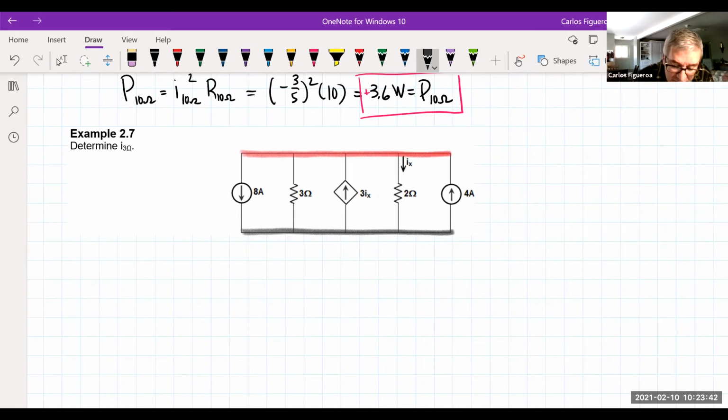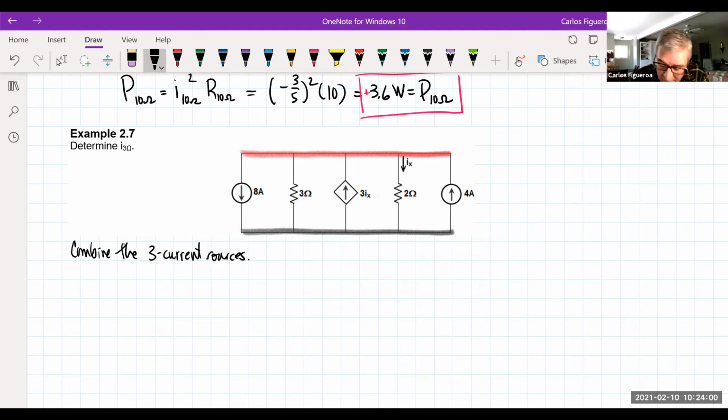But what you also see here is that there are 3 sources that we can combine. So let's combine the 3 current sources. I'm going to pick the direction.